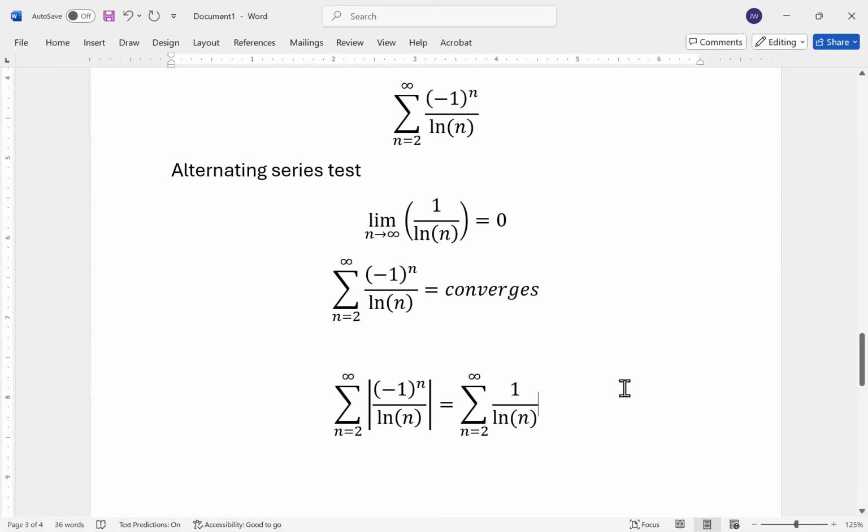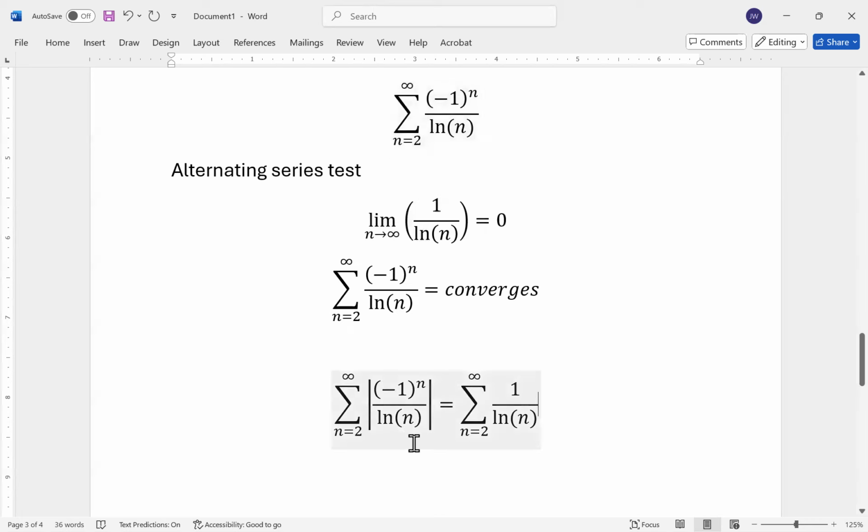If I put absolute values, we know what's going to happen. -1 to the n is either going to be -1 or 1. The absolute value of 1 is 1. The absolute value of -1 is 1. And since we're plugging positive integers into the natural log, notice I started with n equals 2 on my summation. That's because you don't want to put in the natural log of 1, because the natural log of 1 is 0.